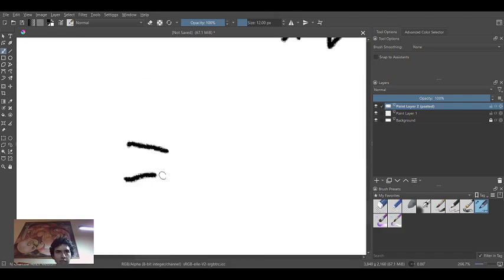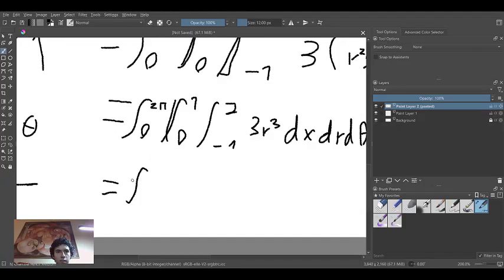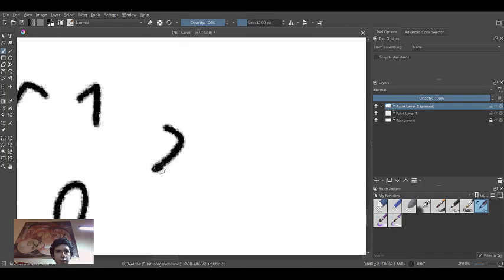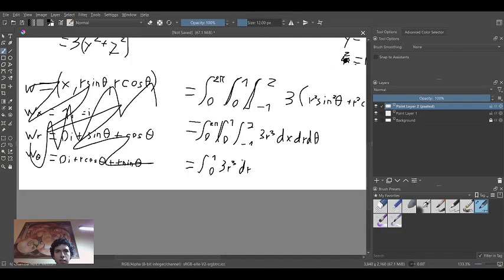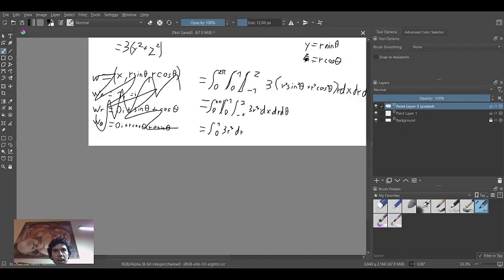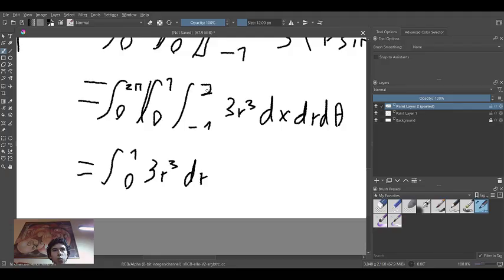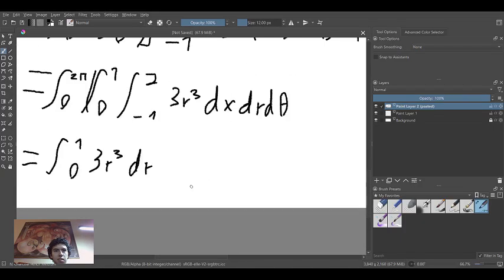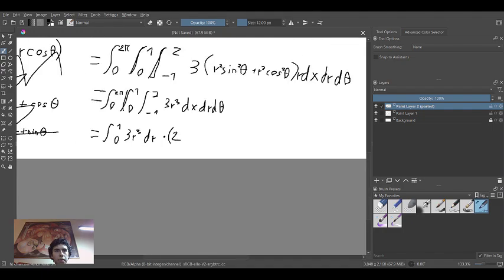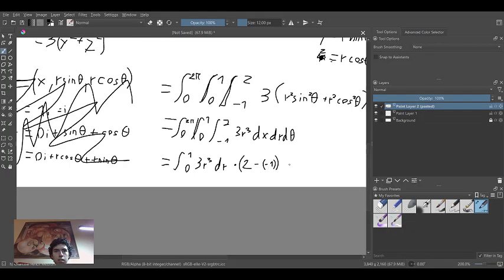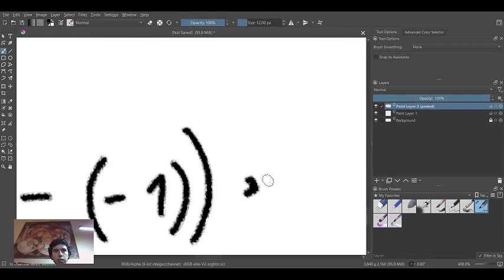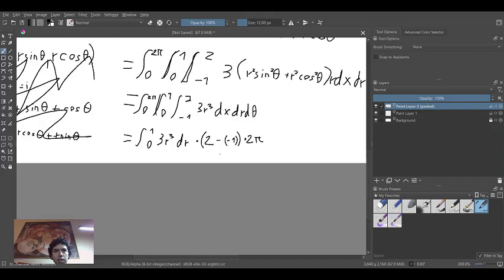So it's going to be the integral from 0 to 1 of 3r cubed dr, and x is just going to be 2 minus 1, times 0 to 2 pi, which is just going to end up being 2 pi.